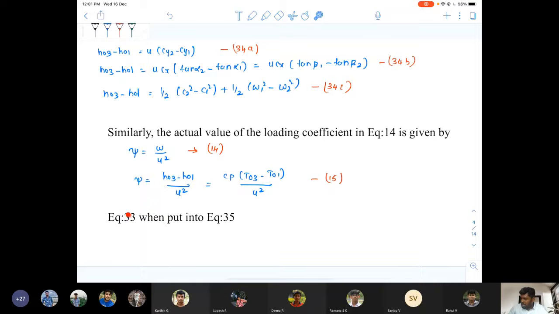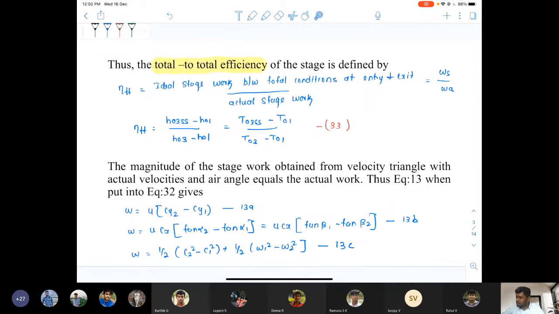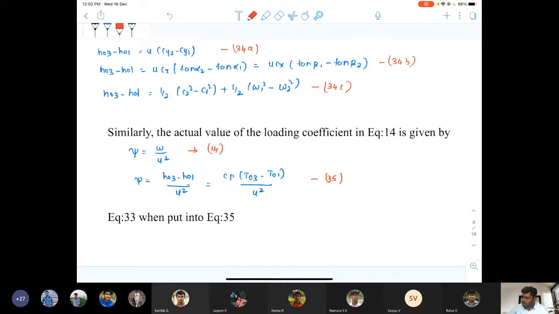Now, if we put equation number 33 in equation number 35, this is equation number 35. That is, equation number 33 is eta TT is equal to (H03SS minus H01) divided by (H03 minus H01). If you substitute this value, you will be getting WA is equal to WS divided by eta TT.